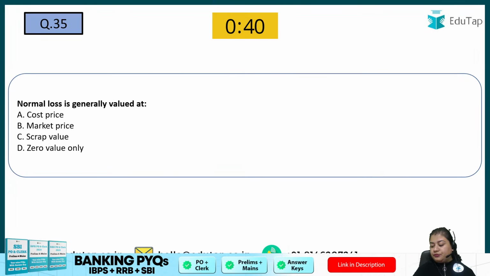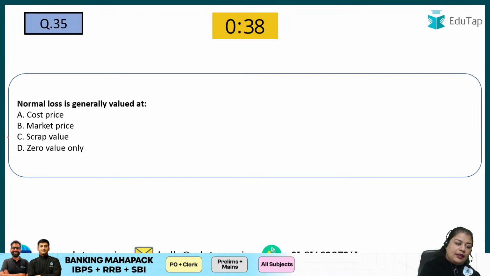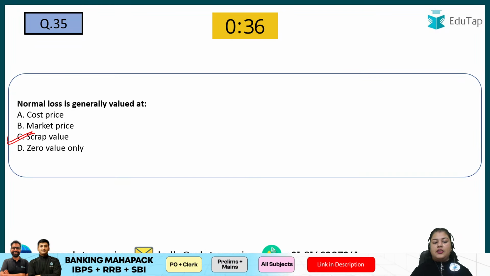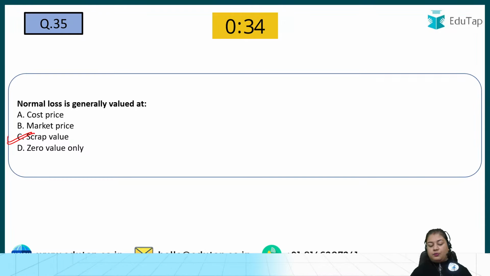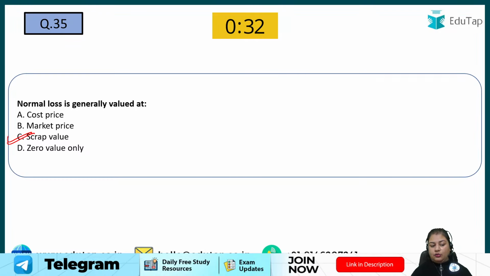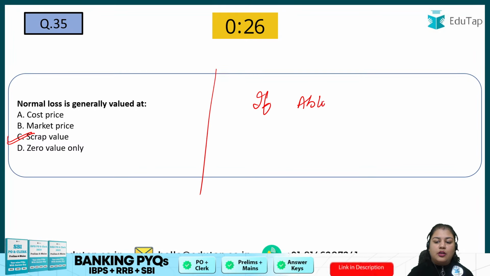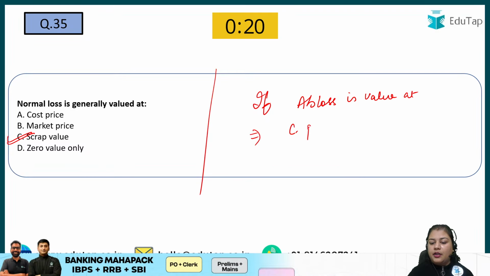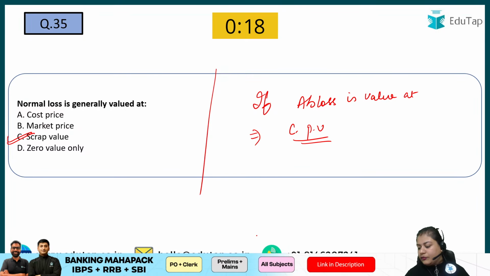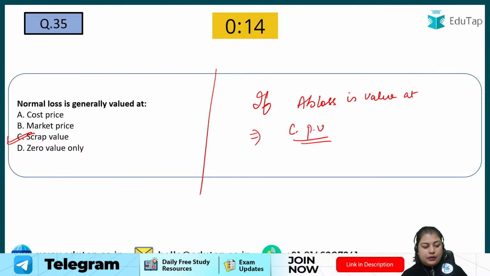That is yes, scrap value, option C. Normal loss is generally valued at scrap value. We do not value it at cost per unit. If the question had been "abnormal loss is valued at", then it would be cost per unit, cost price. So here the answer is scrap value.